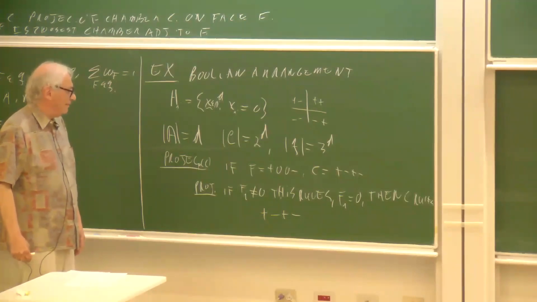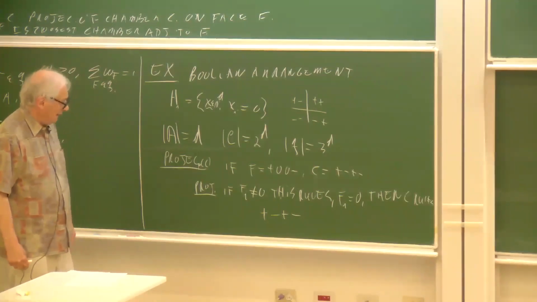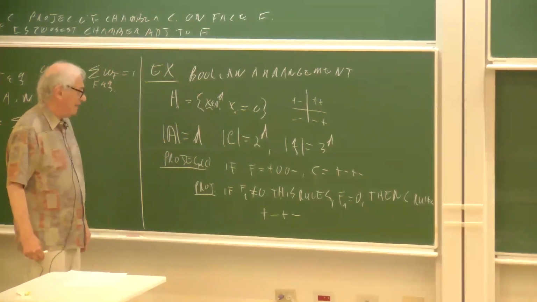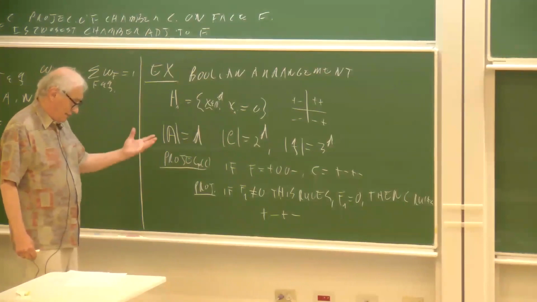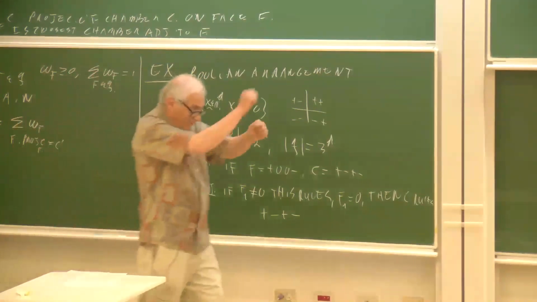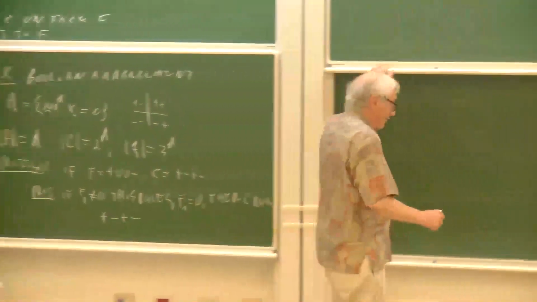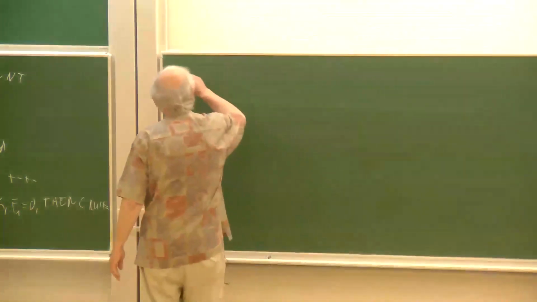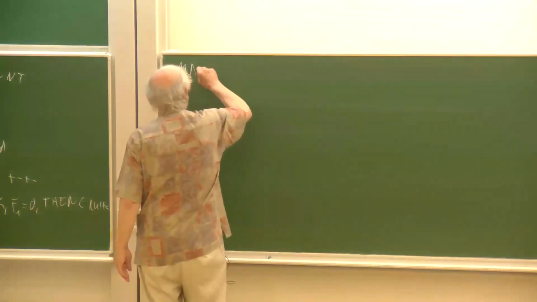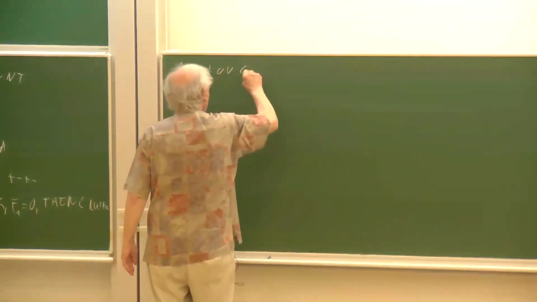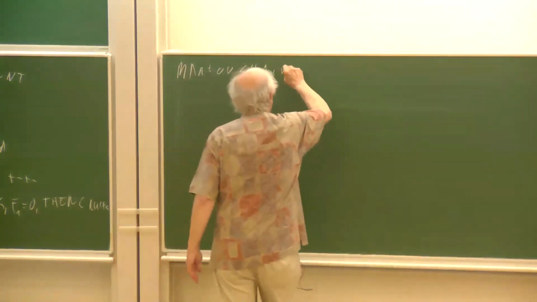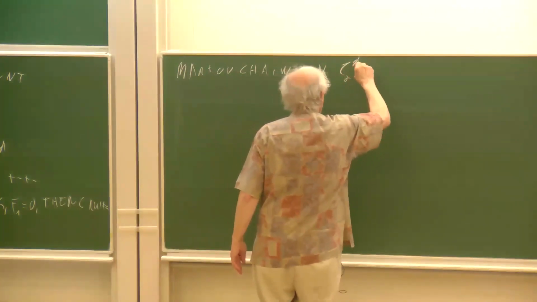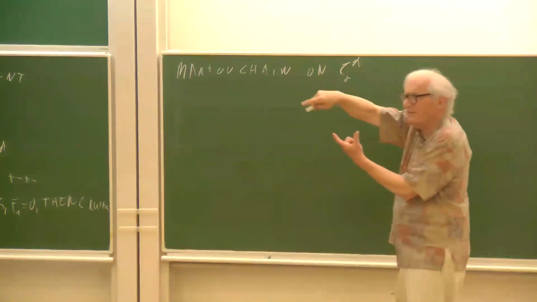Let me give an example of this Markov chain. So the random walk we're talking about, the Markov chain, here is on, I'm going to call it C, 2 to the D, the set of all binary D tuples.